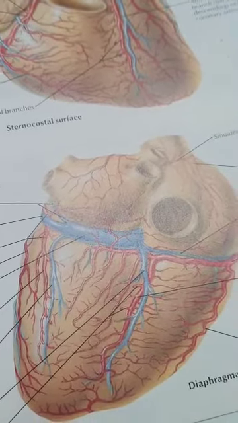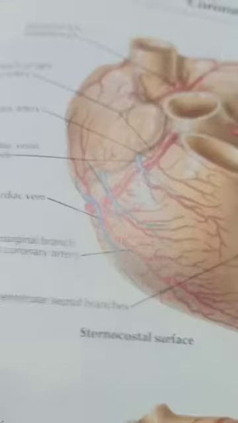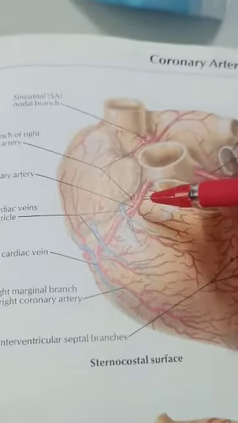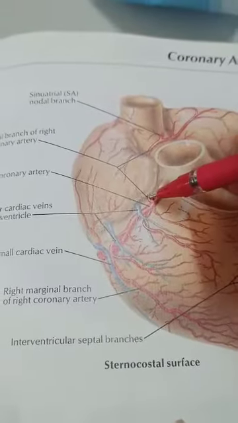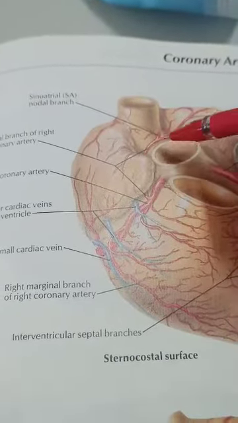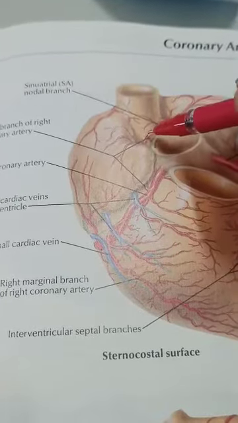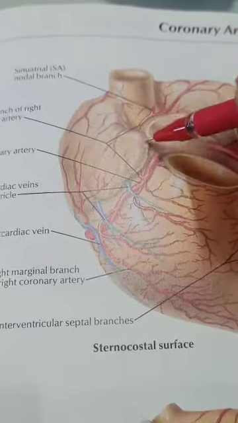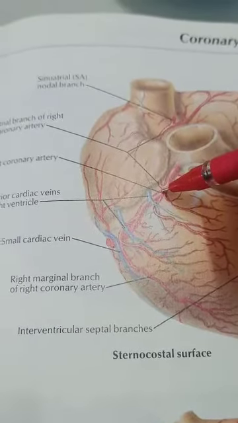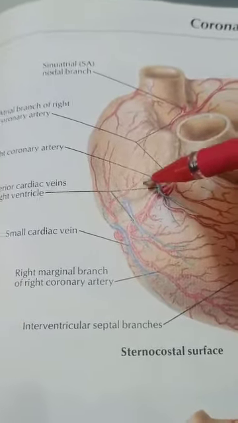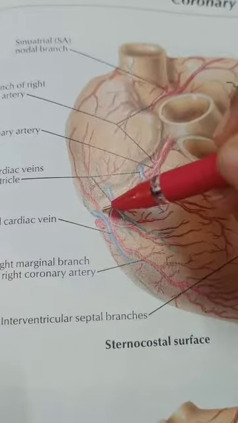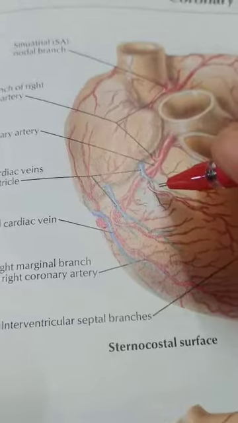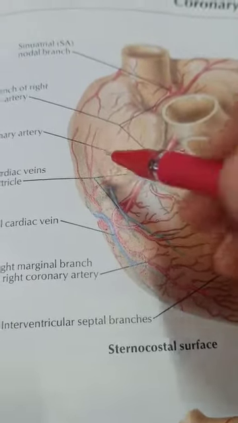Then we can see the branches of the right coronary artery. First, it gives a nodal artery, the nodal branch, which supplies the SA node. Then there are atrial branches, which arise from the right coronary artery and supply the right atrium.